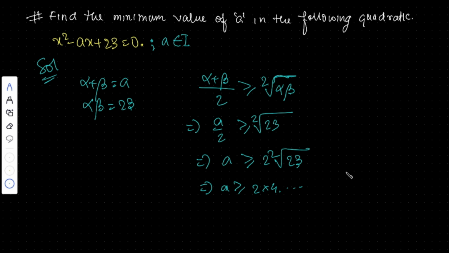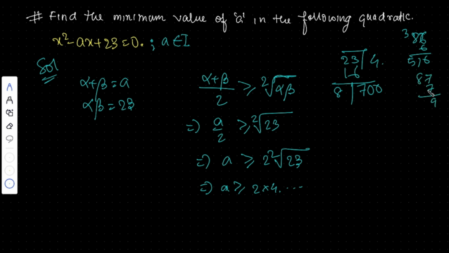We need the least value. Trying 4.7: 7 sevens are 49, 4 sixes are 24, it works. So it becomes 4.7.